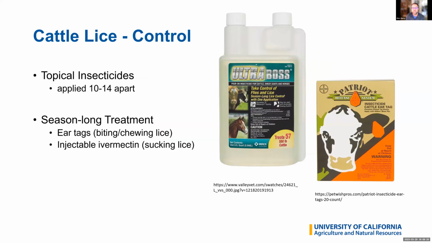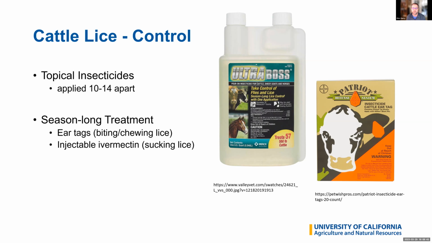In terms of controlling lice, lice can be controlled using topical insecticides. For louse control, and this includes human head lice by the way, you need to apply insecticides 10 to 14 days apart. The reason for that is the lice eggs are very resistant to insecticides.